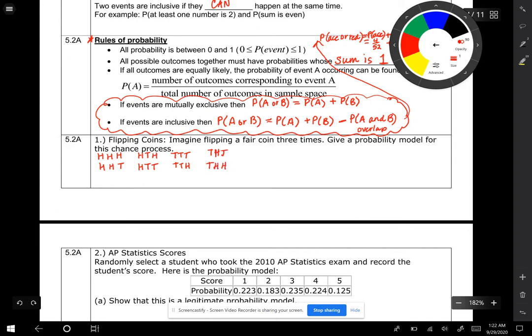You can represent this with a tree diagram if it makes it easier. This is a fair coin, so each outcome is equally likely, and the probability of each outcome occurring is 1/8.